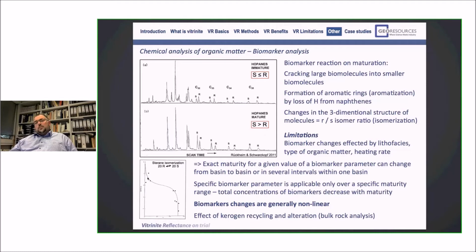It's relatively similar in the immature system up to here, and then we have a huge jump into the highly mature system here. Therefore, it is not really good to use for certain intermediate maturation analysis. Also here again, we have to take care of the effect of kerogen recycling and alteration.